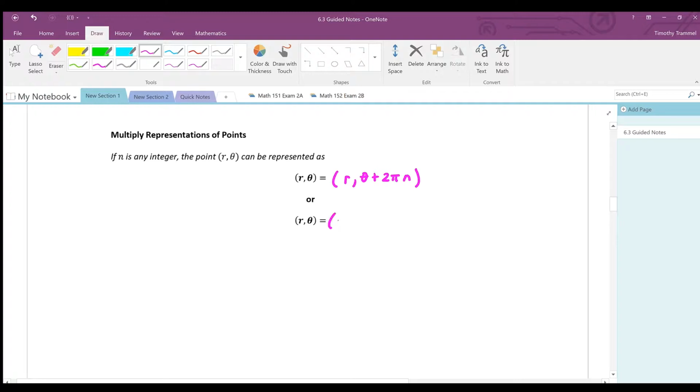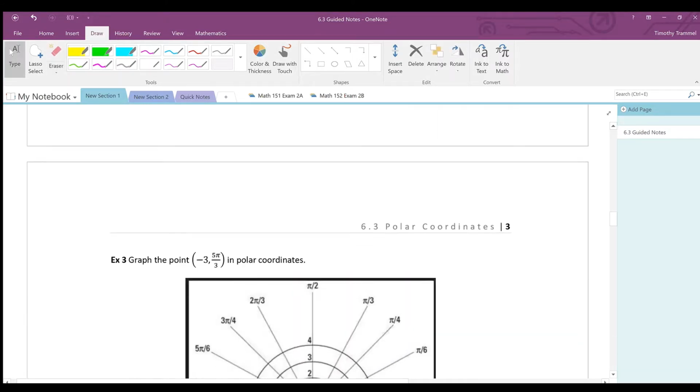Or, we saw that r could be negative. And if r was negative, all we had to do was add 180 degrees or pi radians, and then plus 2 pi n. This theta plus pi is going to put us in the same location as r comma theta. And then if you want to, we can add or subtract as many multiples of 2 pi as we want here, and it'll still lie in the same location.